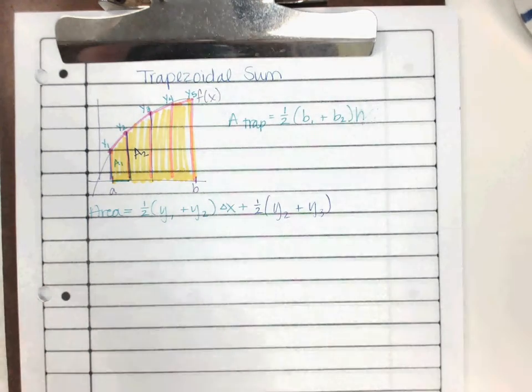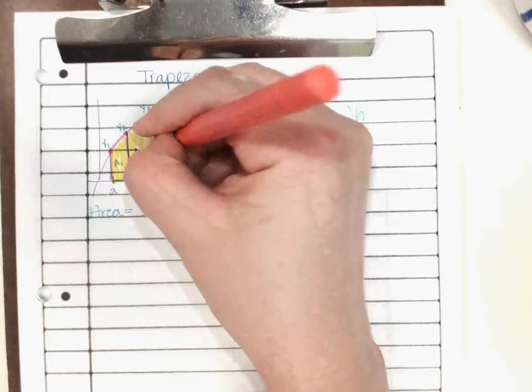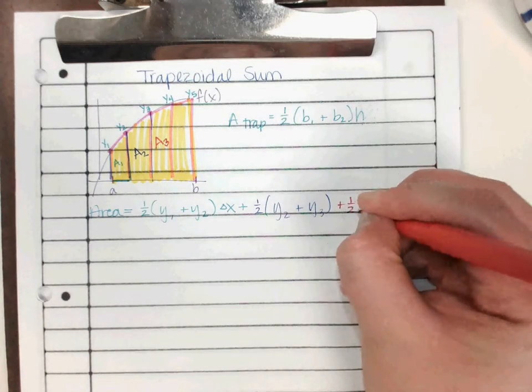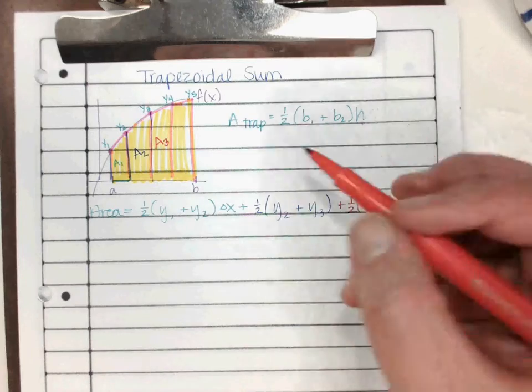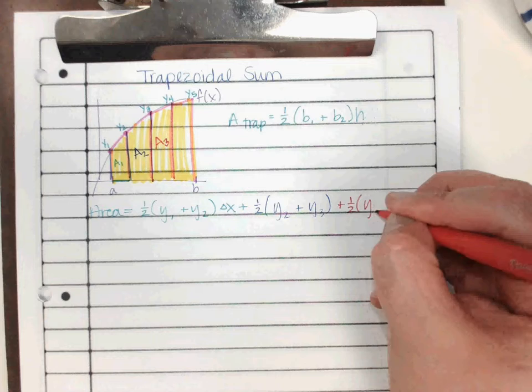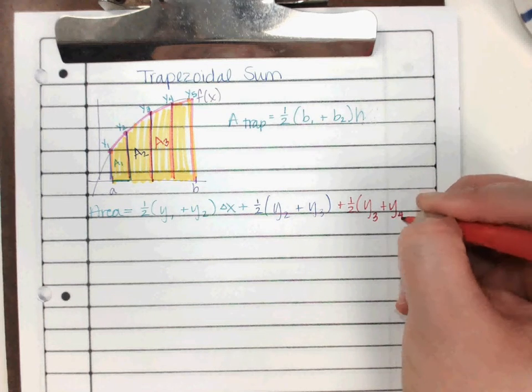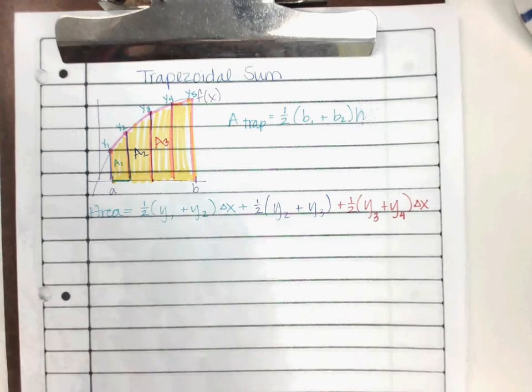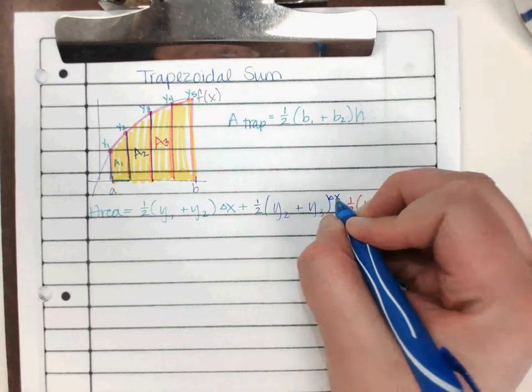Trapezoid number 3, A3. What are his two bases? y3 and y4. Oh, I forgot to put it. Thank you. This one should have a delta x here. Don't forget that.